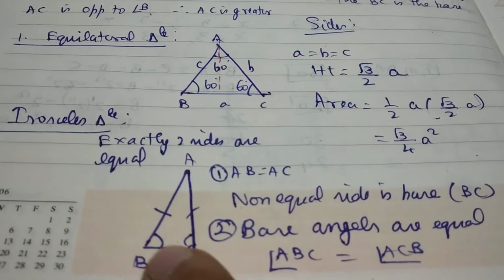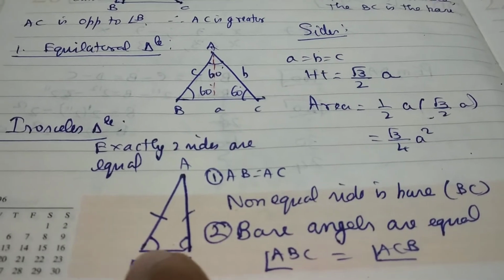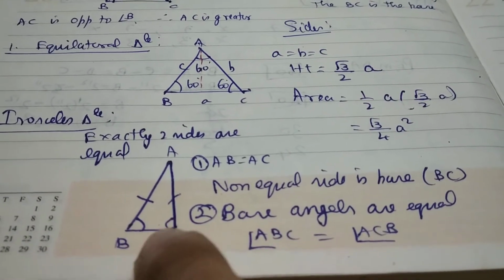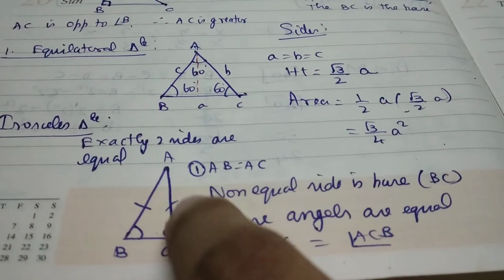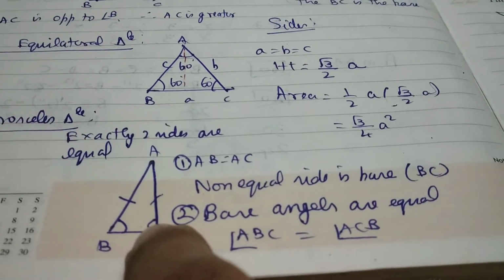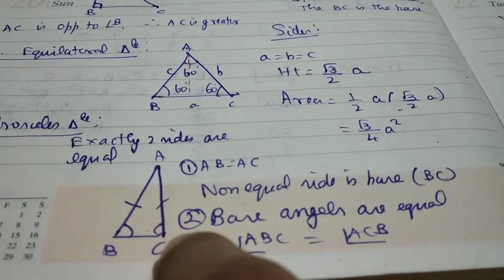The non-equal side, I said only two sides are equal, right? So the non-equal side will be the base BC. So the angle made by the two equal sides with the base will always be equal. Here AB is equal to AC and angle ABC is equal to angle ACB.